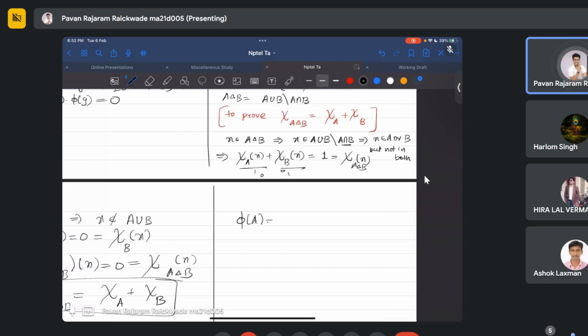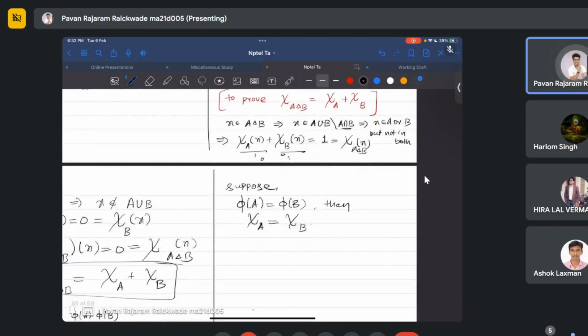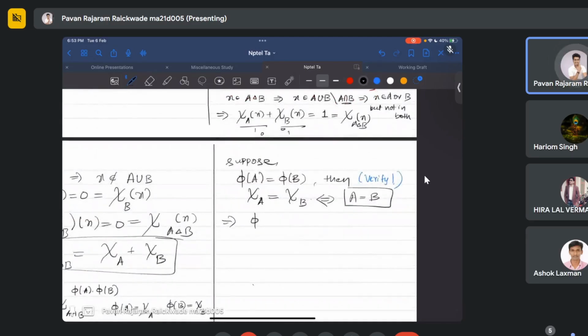Suppose phi of A equals phi of B. Then that means the characteristic function of A is the same as the characteristic function of B. But when are these two functions the same? Naturally, this happens if and only if A is the same as B. You can verify this, it is a very easy verification. That means phi is 1-1.